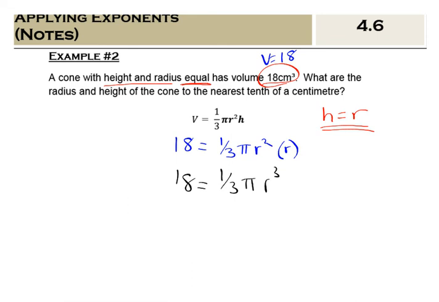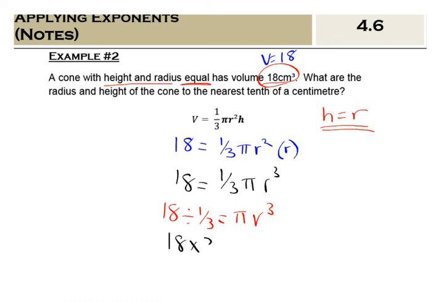Now we start using our algebra and isolating the r by itself. Let's deal with this 1/3 first. If you're multiplying by 1/3, we could divide by 1/3. Dividing by 1/3 is the same as, you got it, multiplying by the reciprocal.